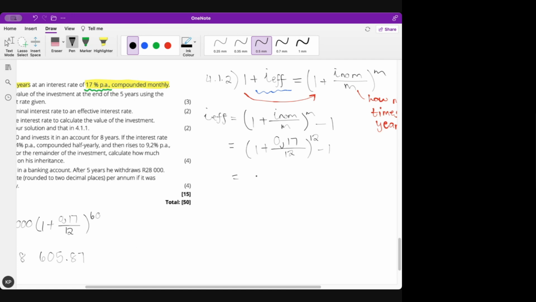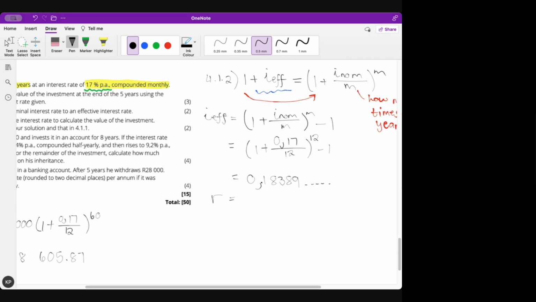Minus 1. That gives me 0.18389, and so on. But if we want R, what am I supposed to do with I? How do we get to the interest rate, R? I want to know it as a percentage.